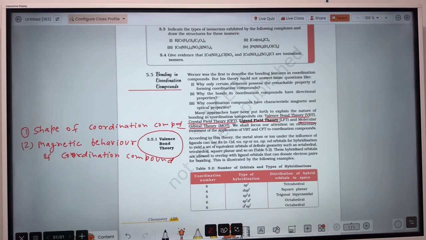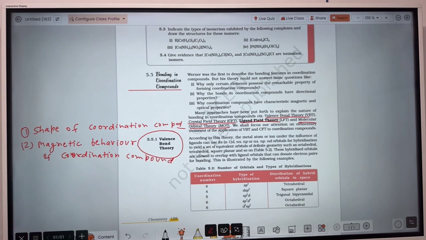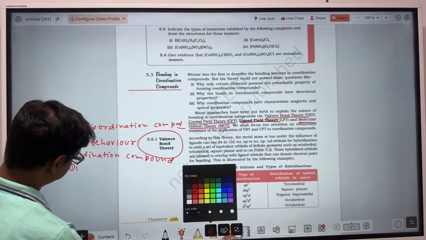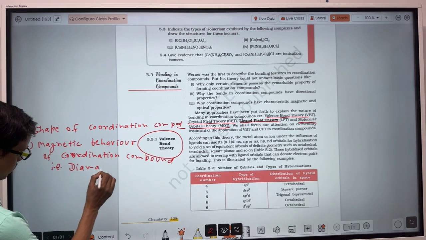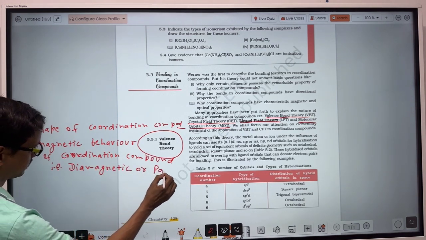Now, we will explain one by one. The magnetic behavior of the compound will be diamagnetic or paramagnetic.